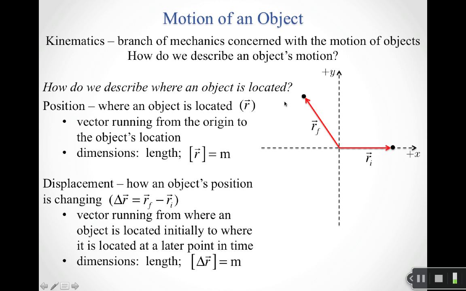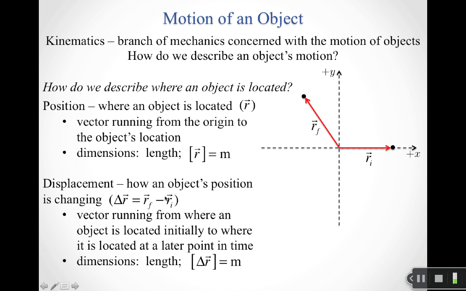So the other question I can ask is, how did my object's position change? That's described by the displacement. The displacement is just the change in position; capital delta, the way we often use it in scientific classes, just means the change in. It's another way of saying the final position vector minus the initial position vector.